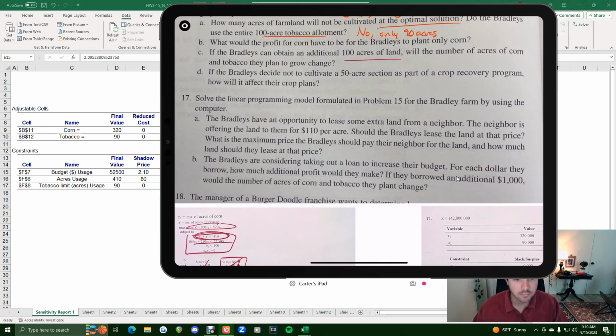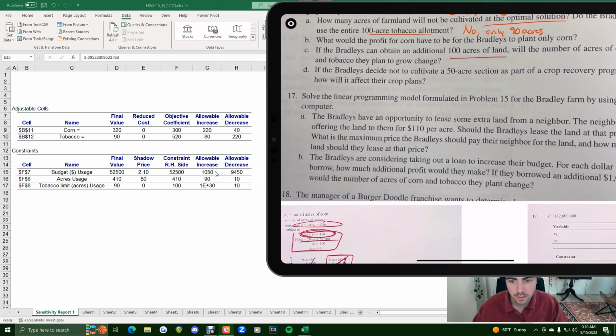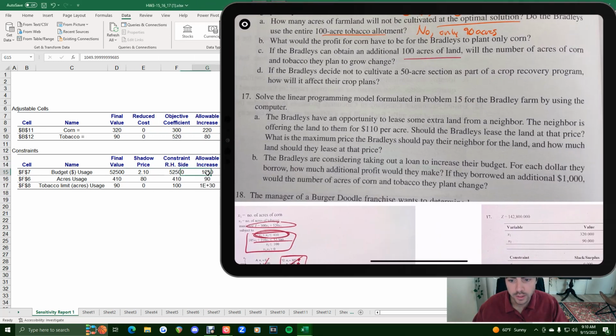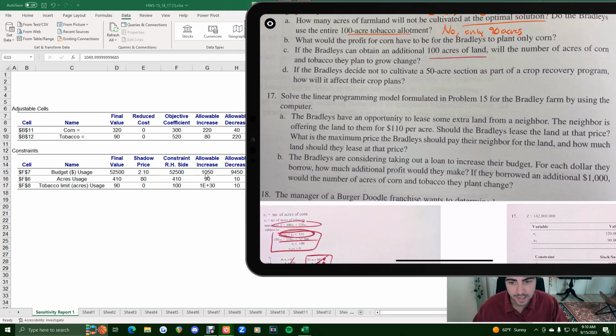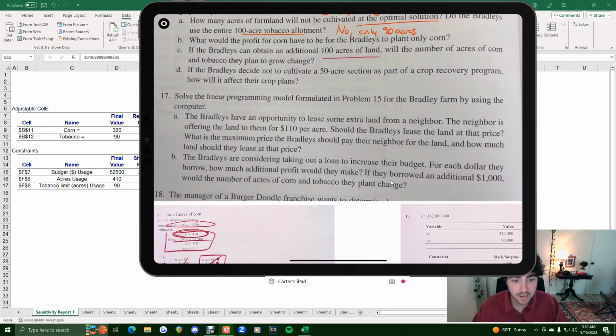And they ask if they borrowed an additional $1,000, would the number of acres change? Because their allowable increase is 1,050, they have the ability to borrow an extra $1,000, since 1,000 is less than 1,050.